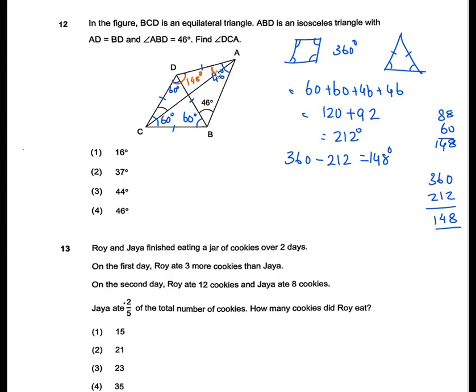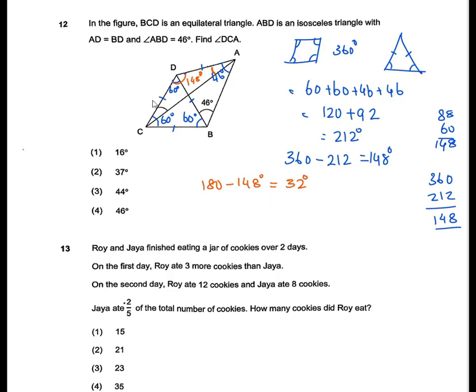Since these two are equal, the sum of these two angles, angle A and angle C, should be equal to 180 minus 148 degrees. And that is equal to 32 degrees.